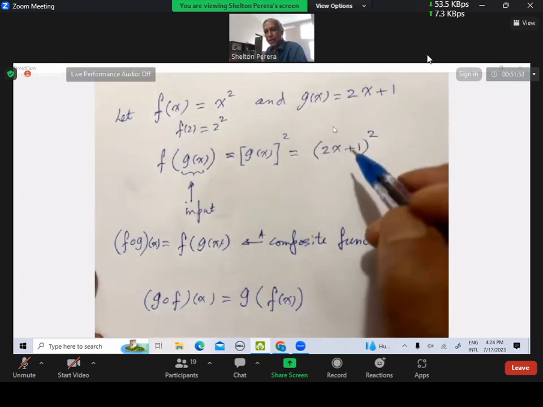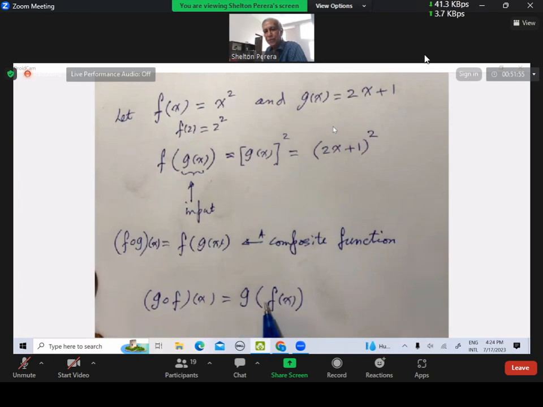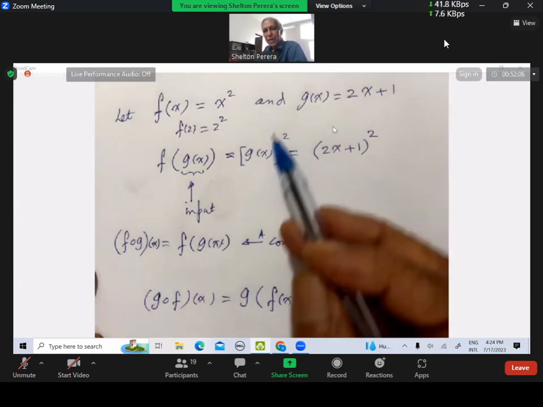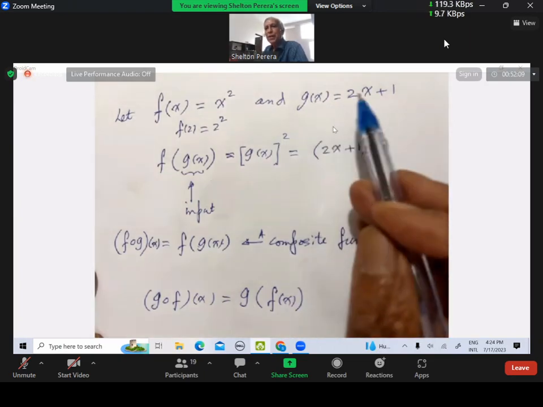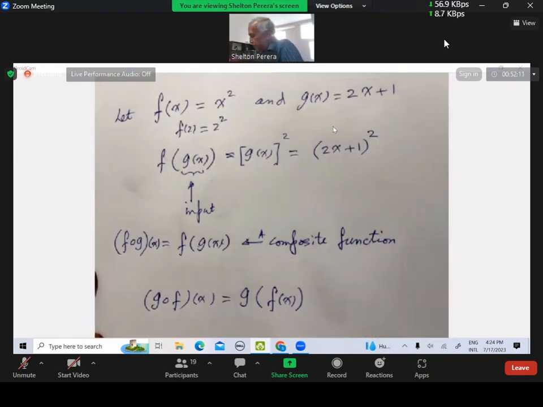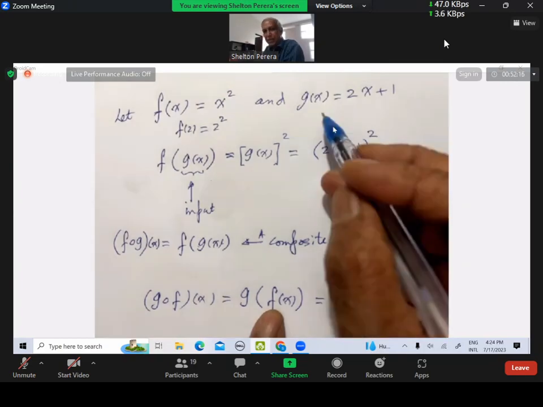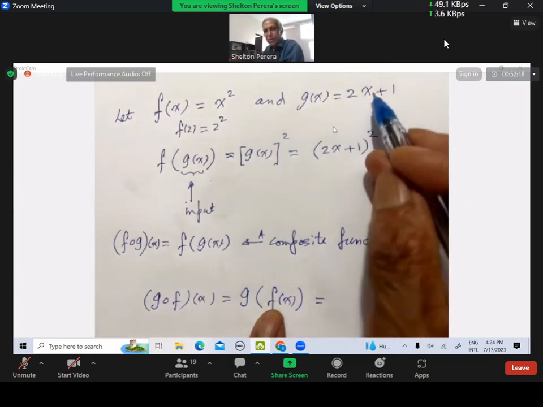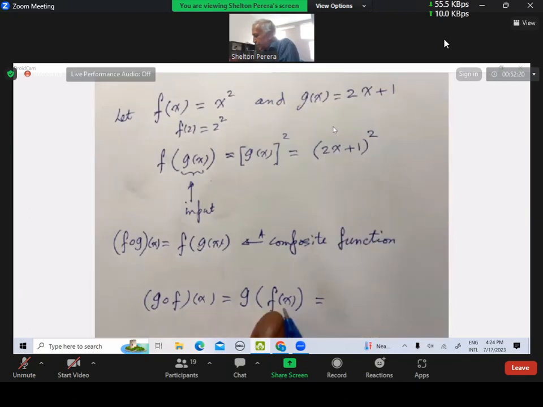So now we need g of f of x, meaning we input f of x into the function g. G of any input is twice the input plus 1. Input is f of x.